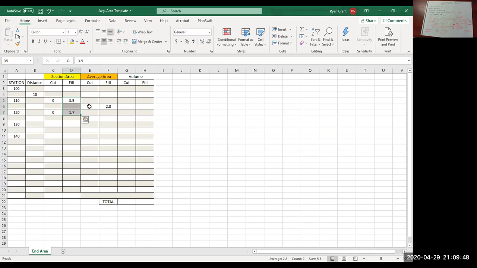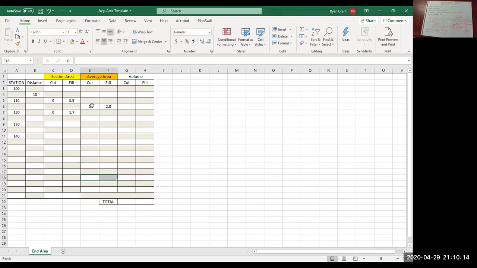So you would do the same calculation here. Again, we'll go equals. I'll start out with my brackets. We'll add these two together. They're both zeros. And we'll divide by 2 to get the average. So you'll do that for all of these white cells under the average column.